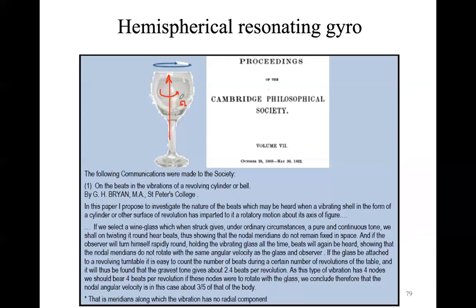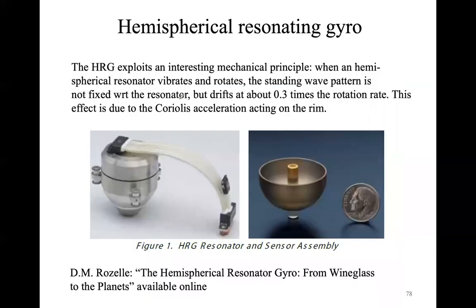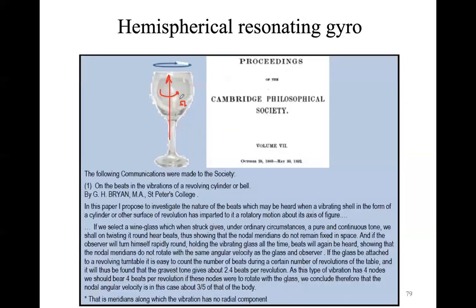The main mechanical principle on which this object is based is the effect due to the Coriolis acceleration acting on the rim. So the object is rotating, and the Coriolis acceleration acting on the rim creates different patterns of vibration that are directly related to omega.